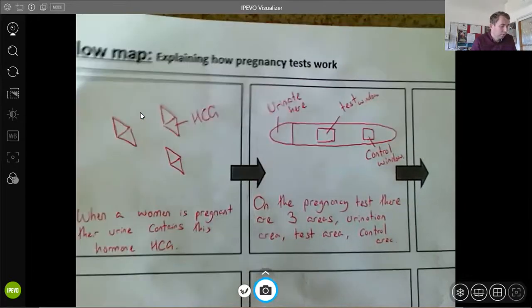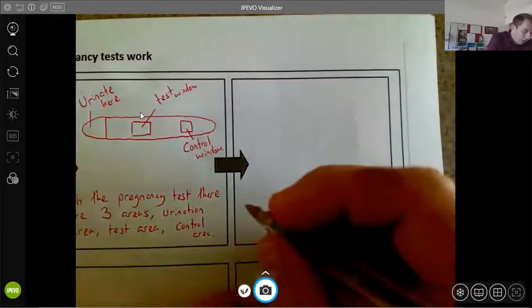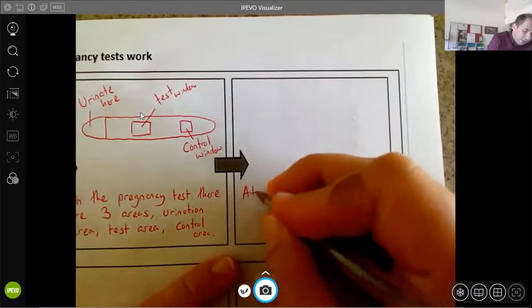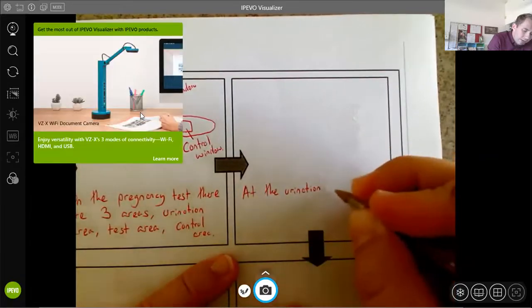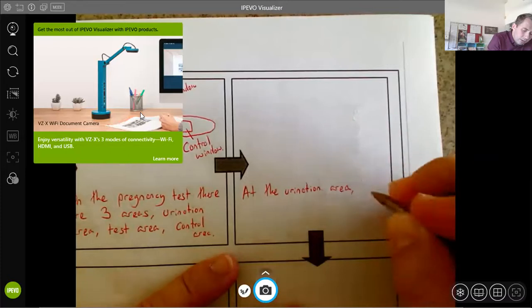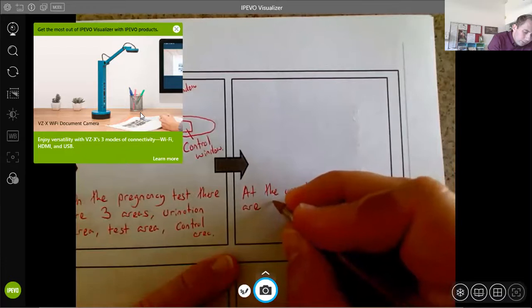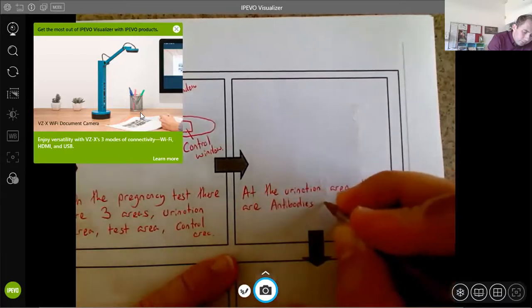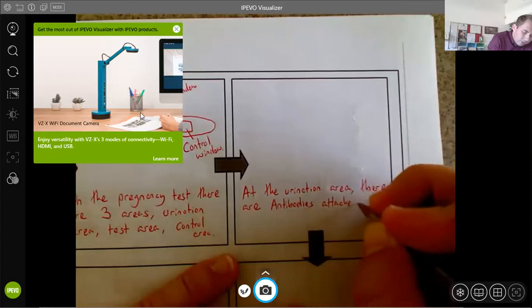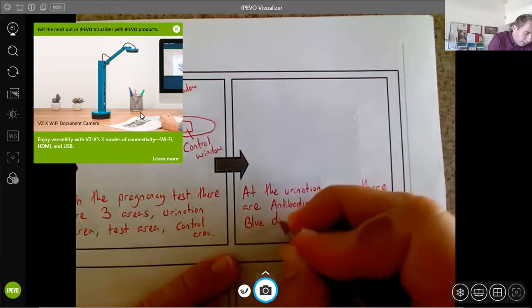So the first thing to do is, start with the urination area, there are antibodies attached to blue dye.